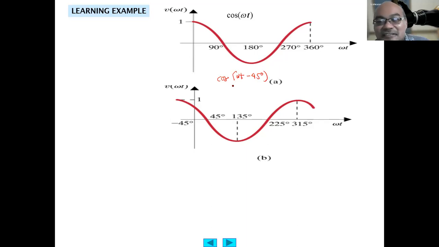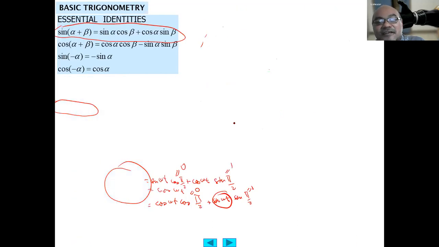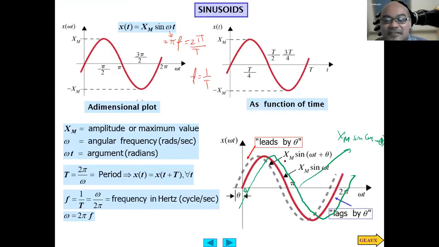Okay, let's check the answer. Martin, yes, it's plus. Because if it is leading, we write it with a positive sign. The gray dashed line is leading the red one. The red one is xm sin omega t, and the gray dashed line is xm sin omega t plus theta.